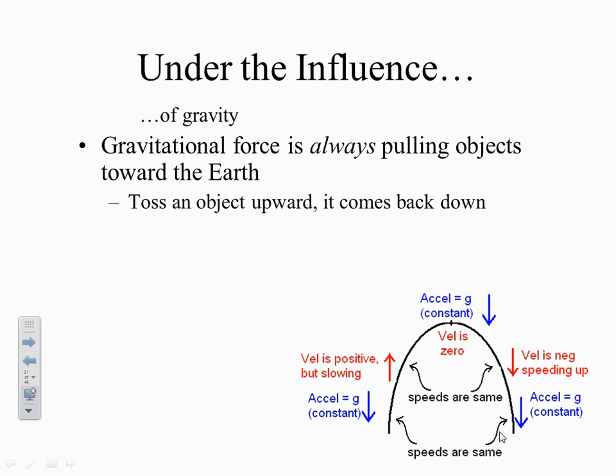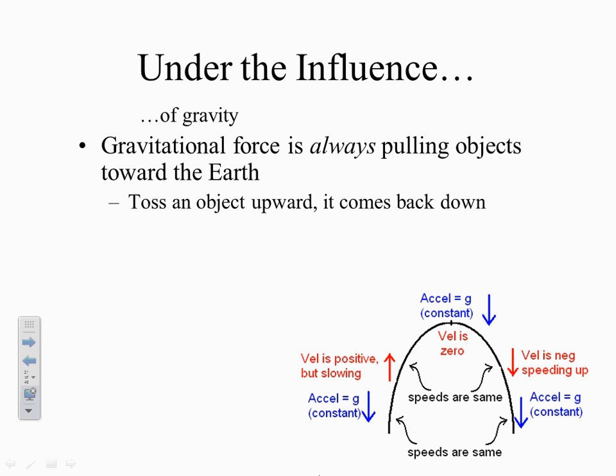Now, some other cool stuff about the speed. This speed right here, whatever that value is, it's also the same speed right here. If I toss a ball upwards at 10 meters per second, and I catch it at the same height, however long later, it's going to hit my hand at 10 meters per second.